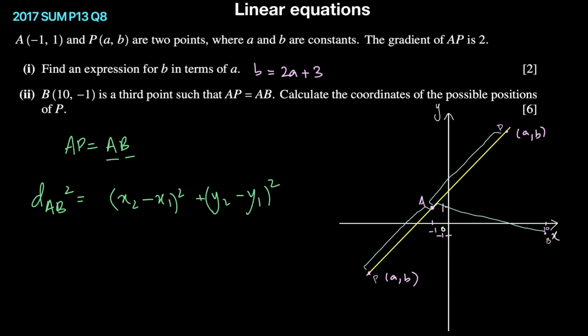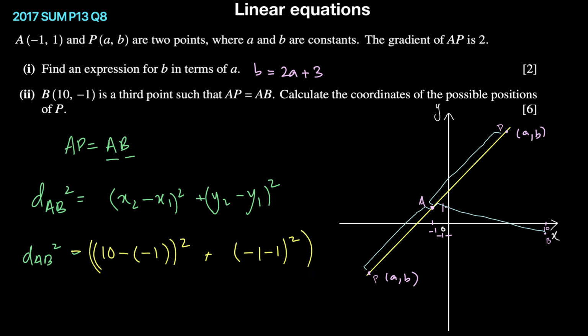Let's take B as x2 comma y2, and A as x1 comma y1. So x2 minus x1 is going to be 10 minus minus 1. So we've got 10 minus minus 1, the whole thing squared, plus y2, which is again minus 1 for B, minus y1, which is 1 for A, the whole thing squared.